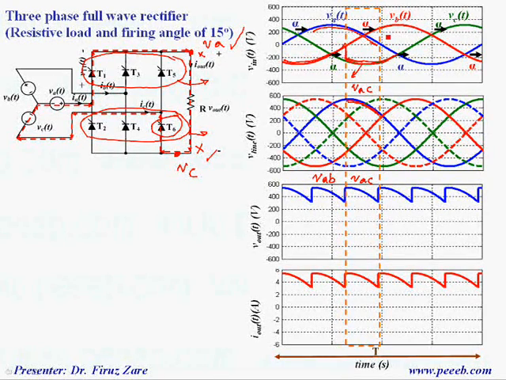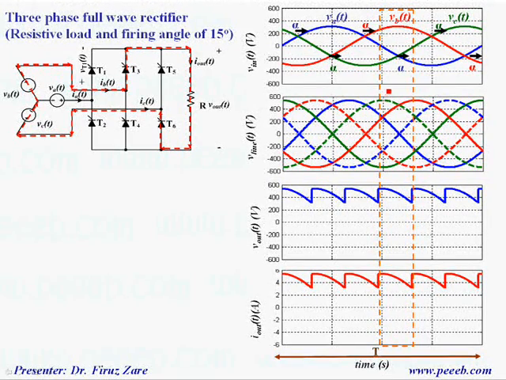We can find the output voltage from this section for the positive terminal and this section for the negative terminal, and then finally we can find the output voltage across the load.